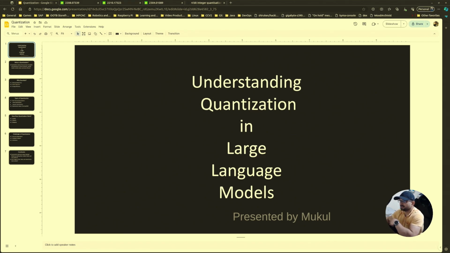And there are again two different methods involved over here. One is called static quantization and another is dynamic quantization. So in static quantization, we use a sample of data to help figure out how to make a model smaller. It's like packing with a plan, knowing what you'll need for your trip. And in dynamic quantization, we make the model smaller as it works.